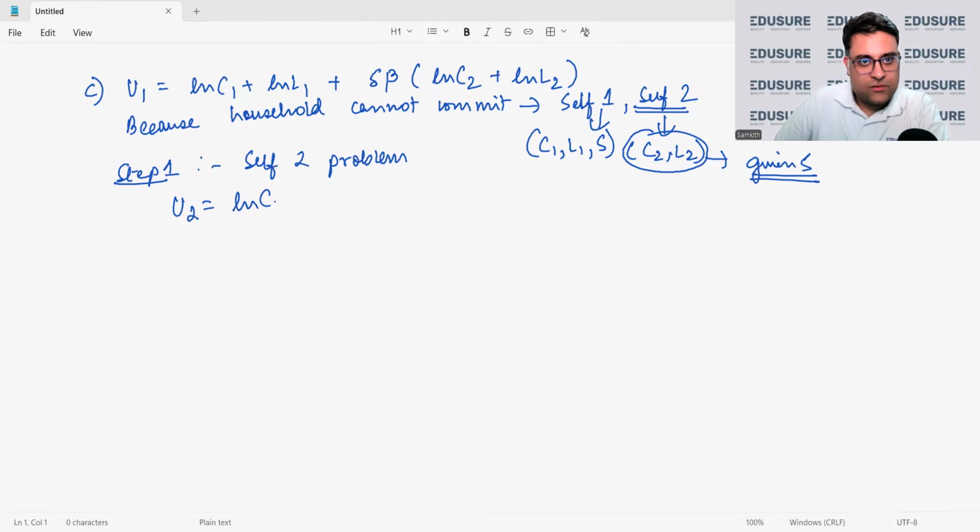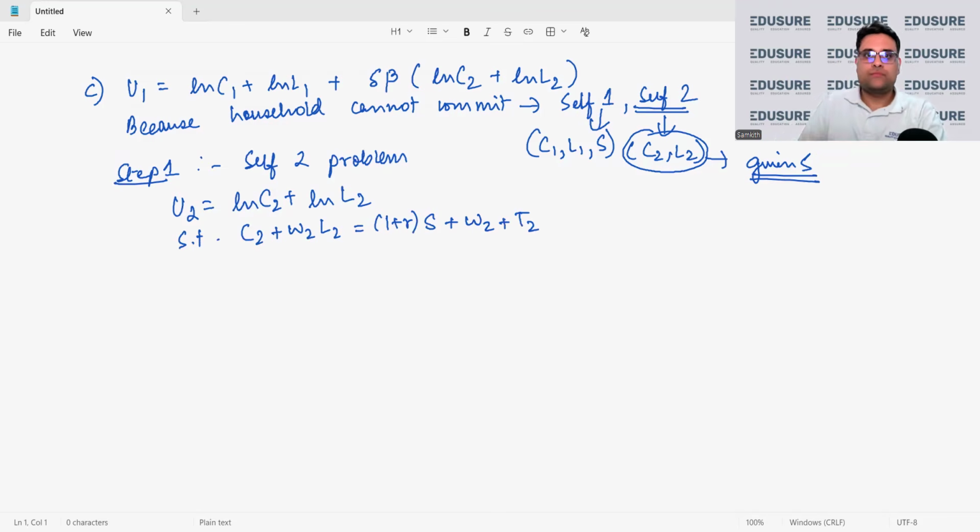I need to basically solve this subject to C2 plus W2 L2 is equal to 1 plus R into S plus W2 plus T2. Okay. This I call omega 2 as a function of S, because S is given here. S is given to you. S is a constant here.